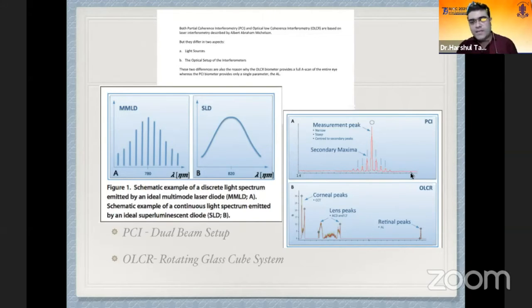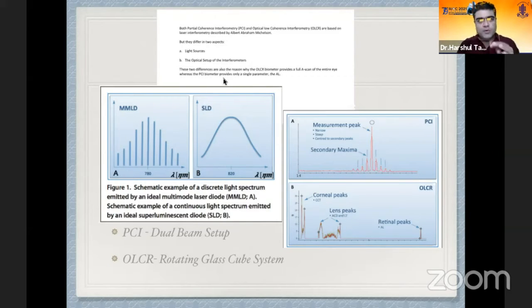Now, in the measurement process in MMLD based devices like PCI, every wave creates a secondary maxima for every structure it passes through, whereas in the SLD driven biometer, they do not show these secondary maxima, and therefore it allows easy peak detection throughout the entire eye. So that's why it permits display of the full A-scan from cornea to anterior chamber depth to lens, and of course the overall axial length.